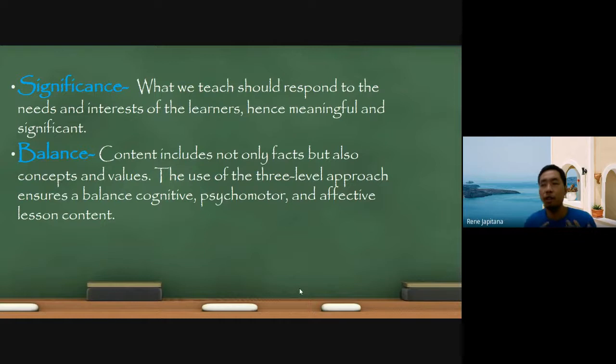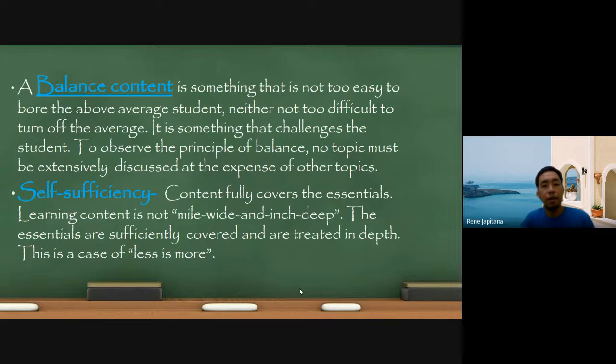And affective is values formation, which affects our attitude, behavior, and whatever is related to that. So we are done with balance. Number four is balanced content. A balanced content is something that is not too easy, so as not to bore the above average students, and neither too difficult, so as not to turn off the average.